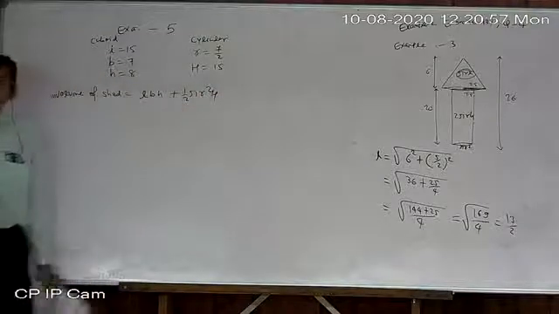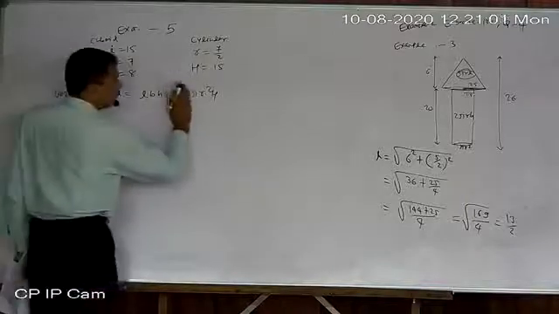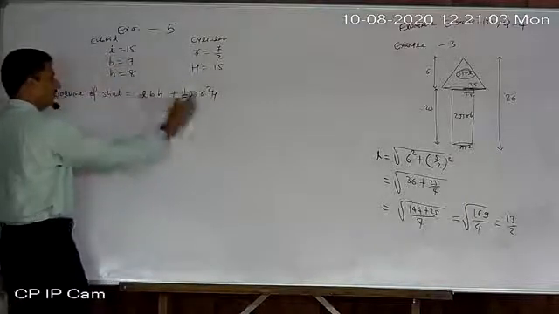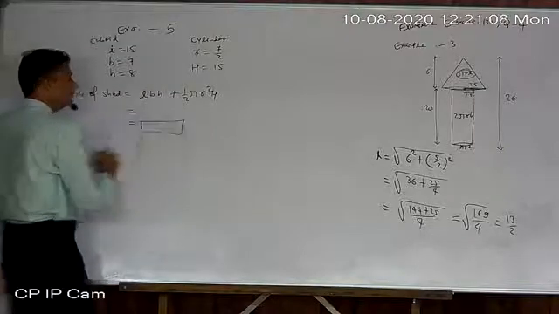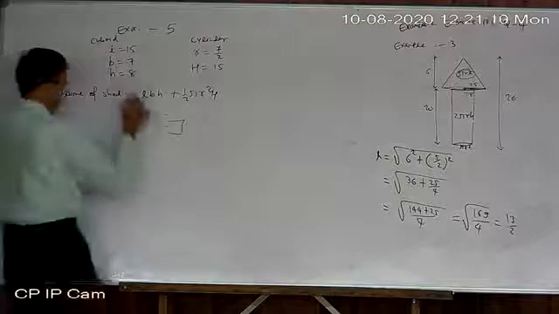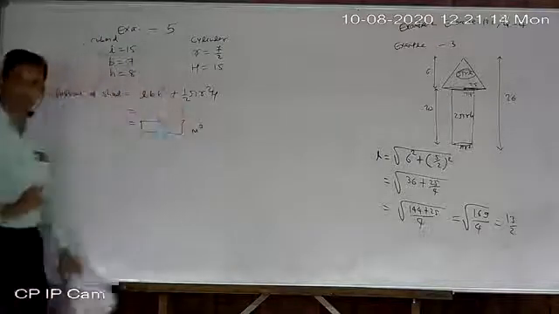Why? Because it is a half cylinder, not a full cylinder. So half of the volume of the cylinder. Now nothing is common, just place the values and find it out. It will be in meter cube, because everything is given in meters only.